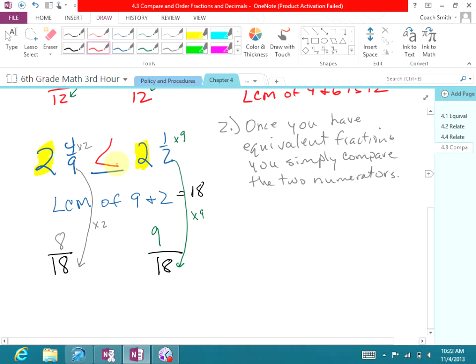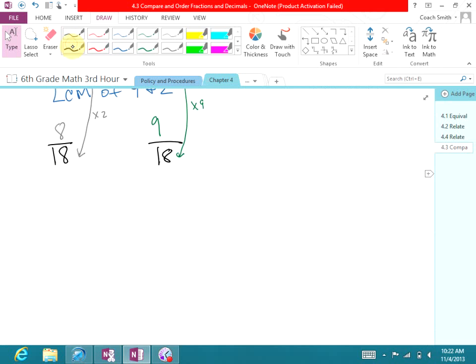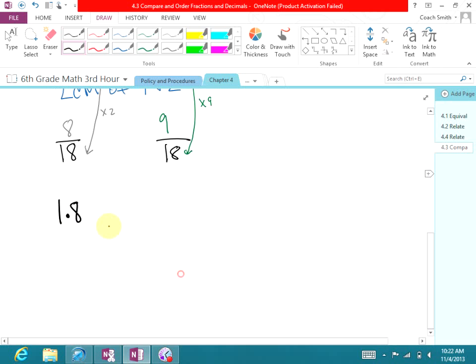All right. So, now what happens if we have this? Let's say we're not comparing two fractions, but we're comparing a decimal and a fraction. Okay?